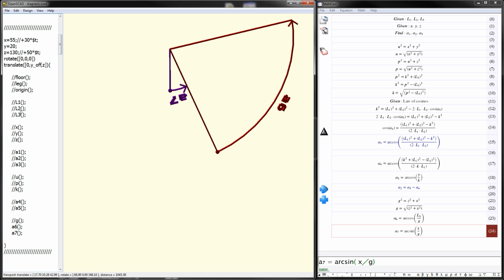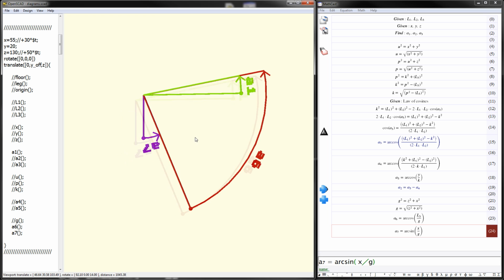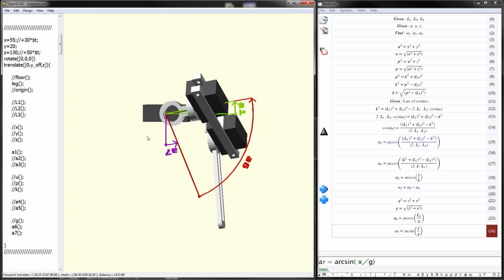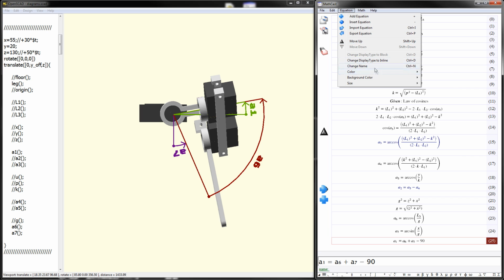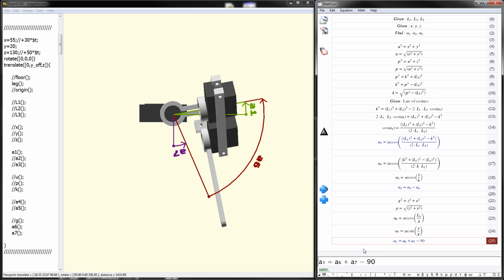Alright, so now with A6 and A7 we can solve for A1. A1 equals A6 plus A7 minus 90 degrees. Alright, so we have all 3 equations, A1, 2, and 3.